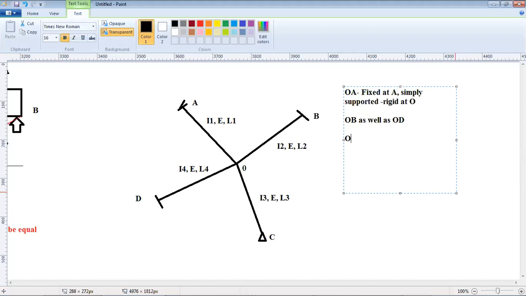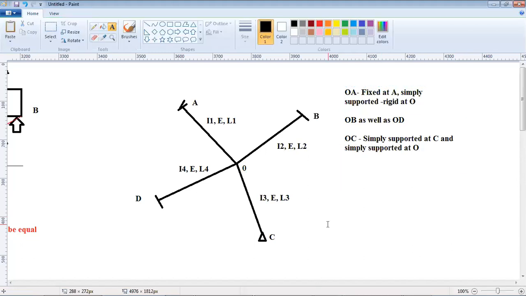But in case of OC, it's simply supported at C and simply supported at O. So now you have the two cases.